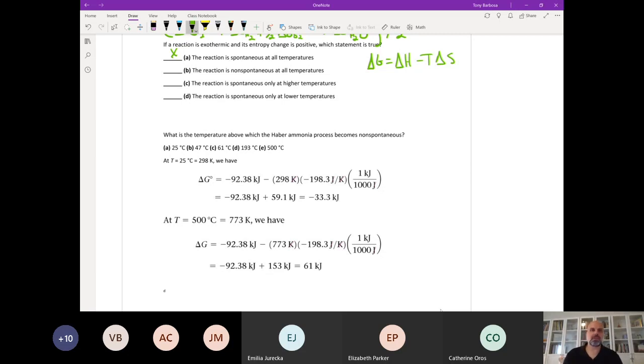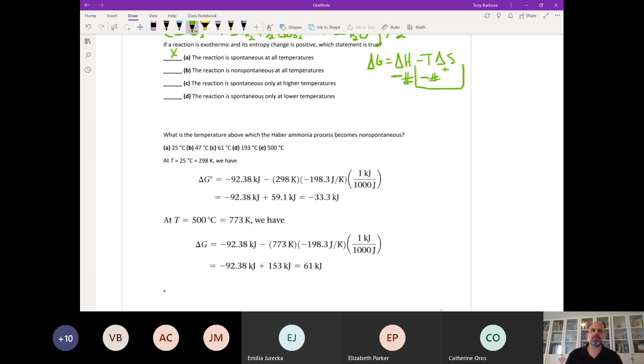So what this is saying is the reaction's exothermic. So an exothermic reaction is always going to have a negative number here for delta H, and its entropy is positive. So if entropy is positive here, then this component right here is always going to be a negative number as well.